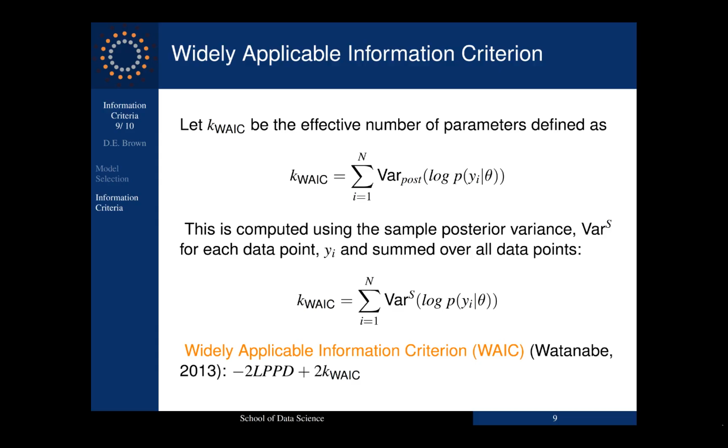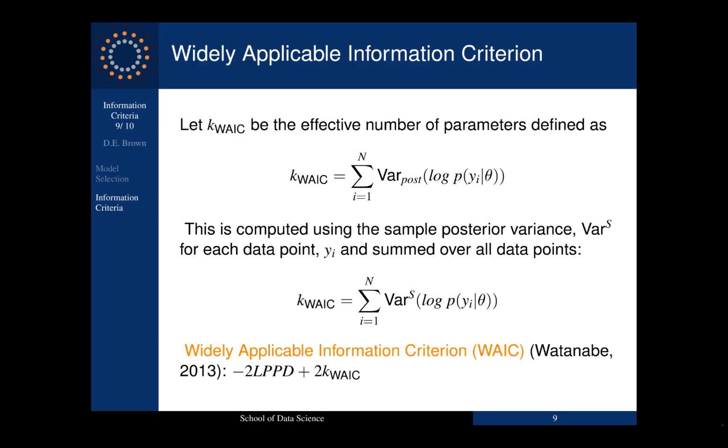So then the WAIC, or the widely applicable information criterion developed by Watanabe, is just the estimate that we have for the deviance, which is minus 2 LPPD, or log pointwise predictive density, plus 2 times the effective number of parameters in the WAIC sense.